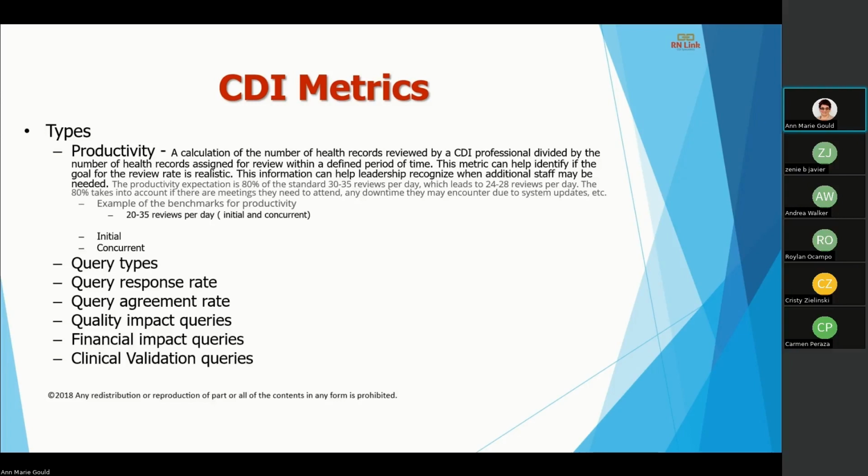And also sometimes there is confusion when measuring the agreement rate, because some facilities will say the doctor agreed when they document what you want them to document. For example, you're asking for acute blood loss anemia, and the doctor did not document acute blood loss anemia, but documented, let's say, nutritional anemia.